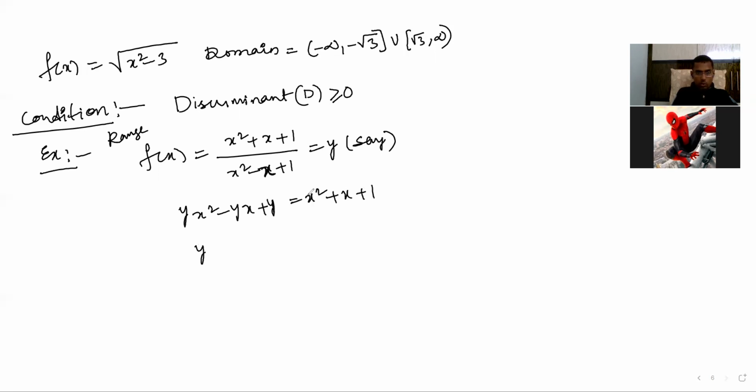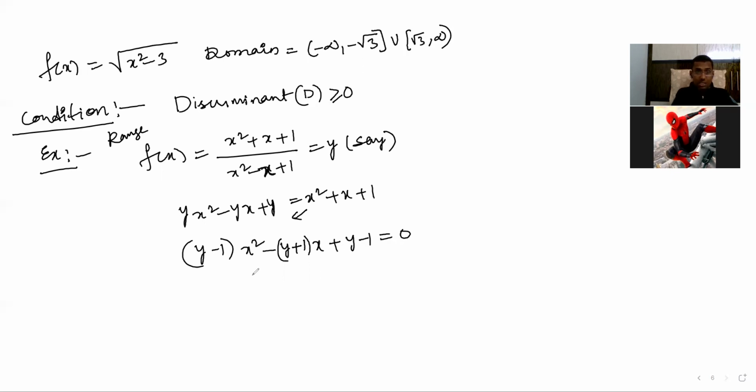This gives y minus 1 times x square, and bringing the x square here, minus y plus 1 times x plus y minus 1, equal to 0.